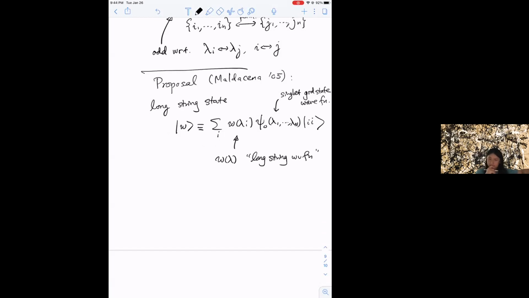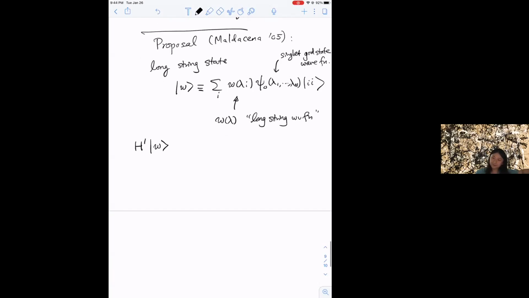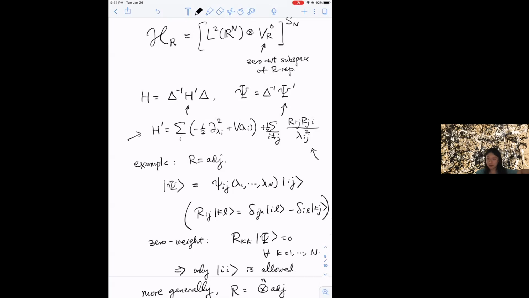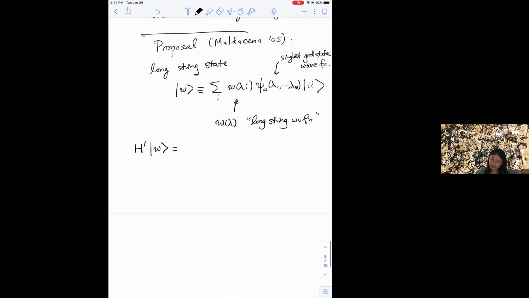All right, so let's try this. Let's take the Hamiltonian H' and act on the state W. By definition, here's H', let's just plug this in. It's a simple calculation. We can write this in the following form.